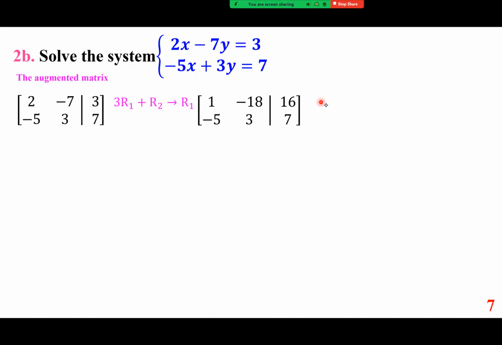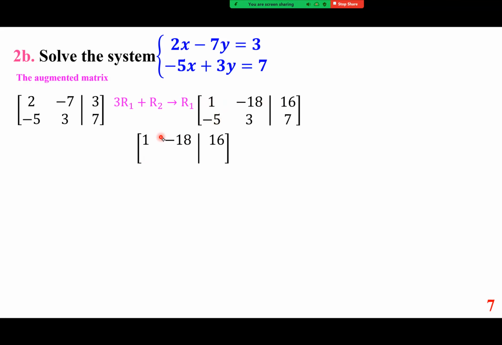Now that we have that, remember what we want to do according to REF: we want this one to be 0. So let's write the first row, which we don't want to change. What we want to change is to make sure this becomes 0. If I multiply this one by 5 and add to it, this becomes 0.